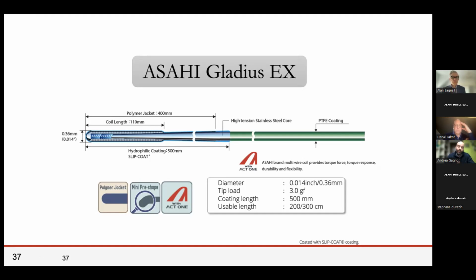When you have a polymeric sleeve covering the coils, you reduce the surface of contact of the coils of the wire with the surface of the vessel, and this is one of the reasons why the wires tend to be more slippery and can advance a little bit more.